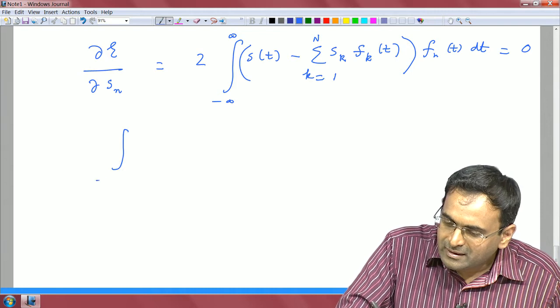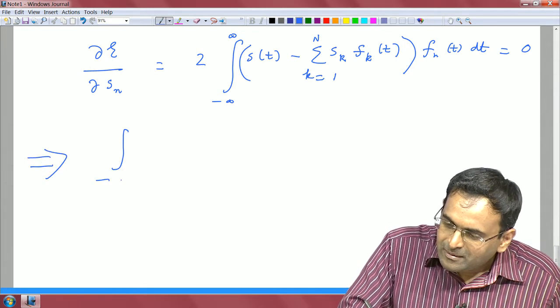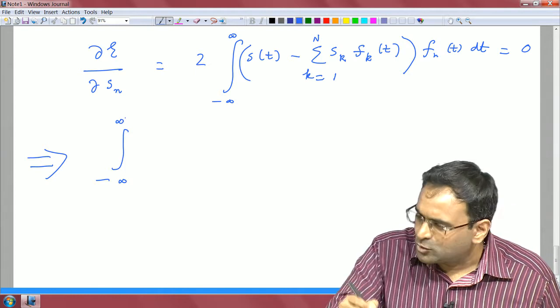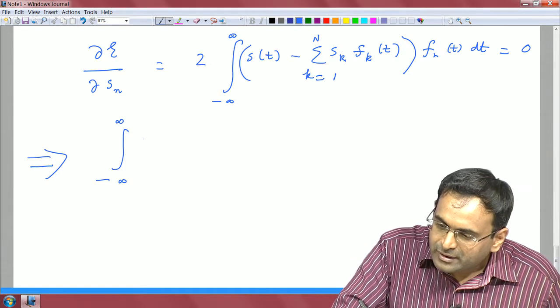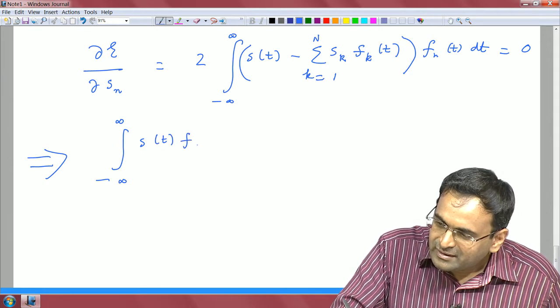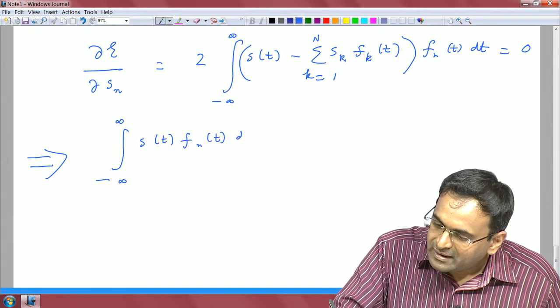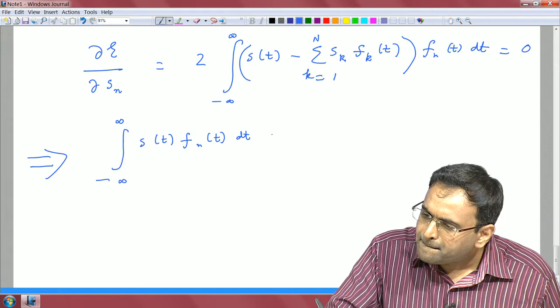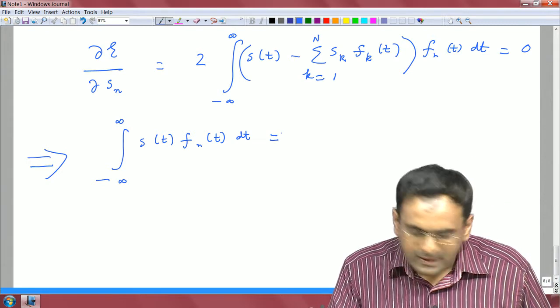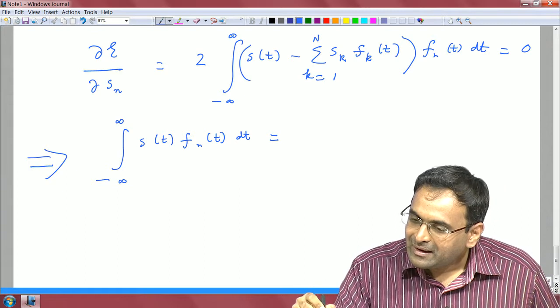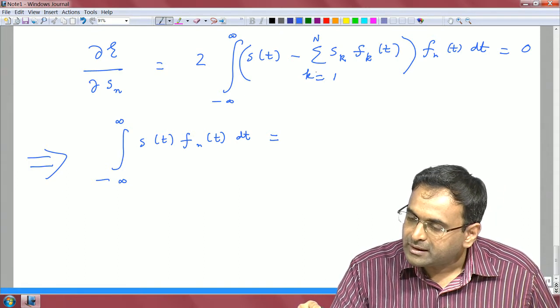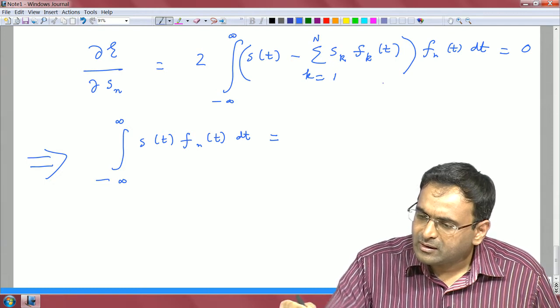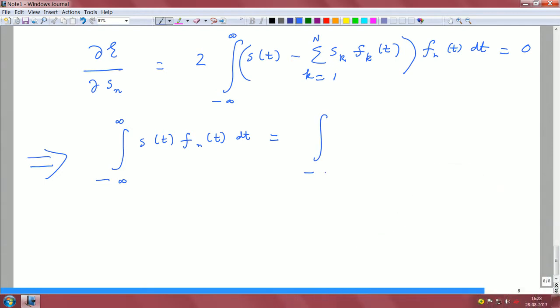So, now the integral from minus infinity to plus infinity, the 2 will just cancel out, you do not have to worry about it. So, the integral of S of t with F_n(t) dt is, now if you take the integral here, you are going to have sigma.